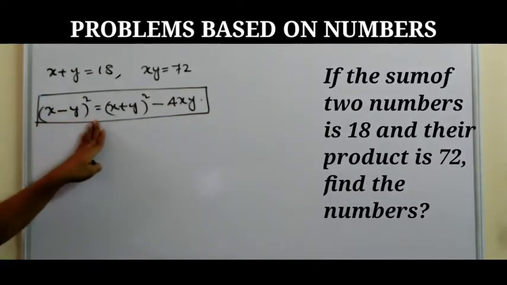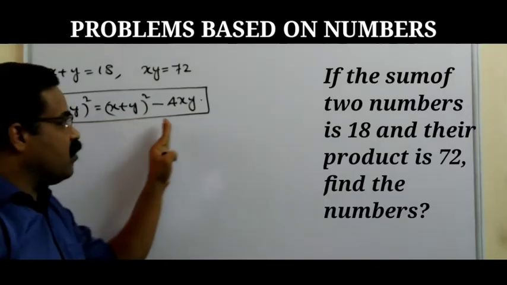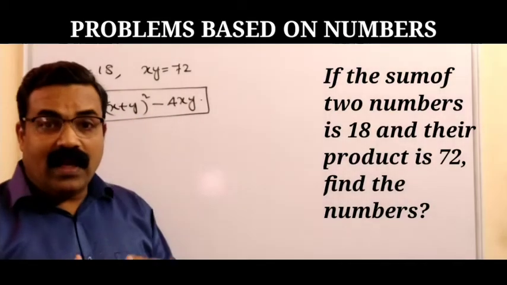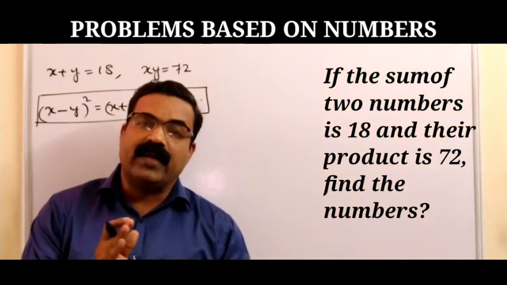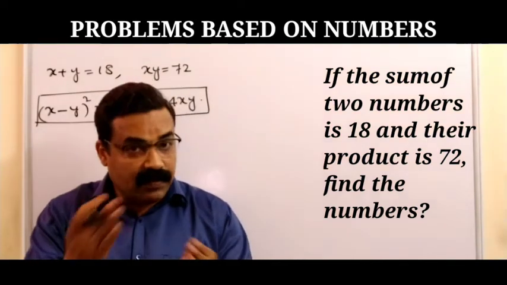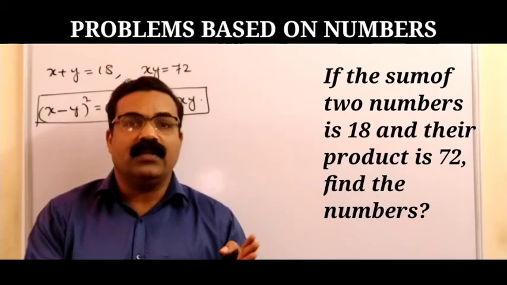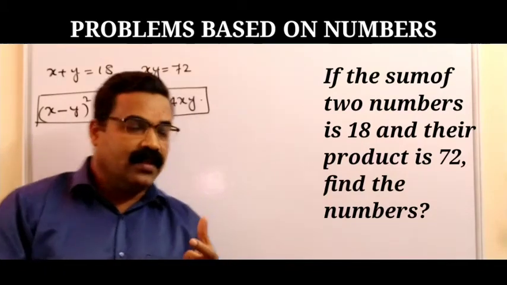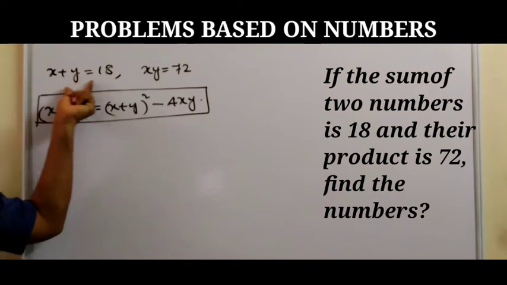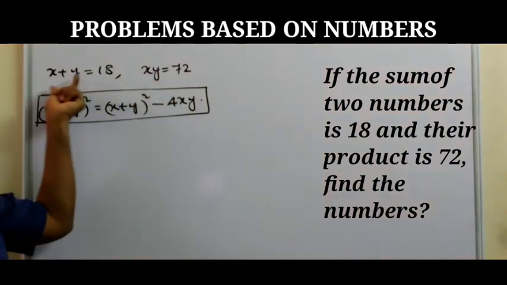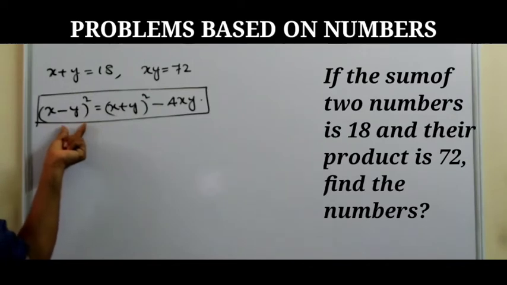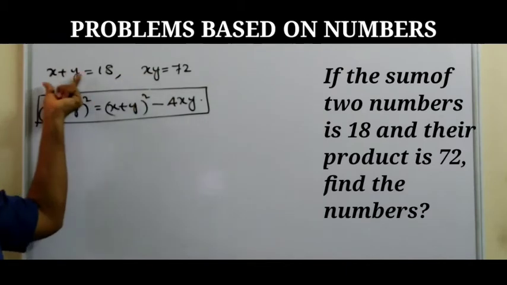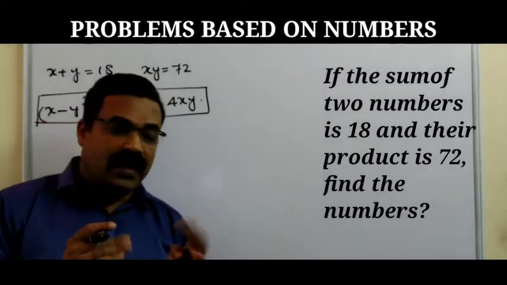This formula is used when x plus y and xy are given to you, and you can find out x minus y. In some questions, x minus y and xy are given to you, and you can find out x plus y also. So, very important.